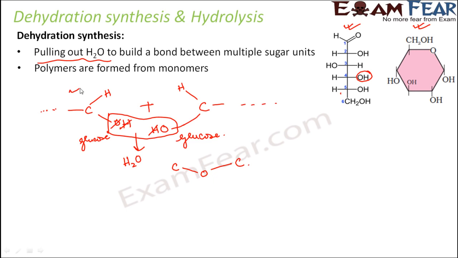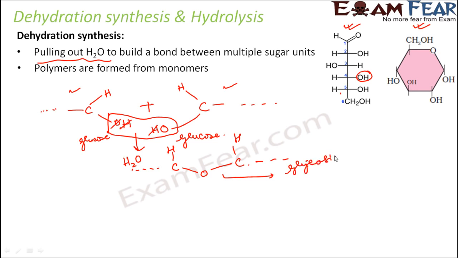So instead of two glucose molecules, you will now have one sugar unit. And this bond and this entire structure will still remain the same. But now instead of two, you just have one structure. And this bond is known as a glycosidic bond. We will talk about that bond also in even more detail.